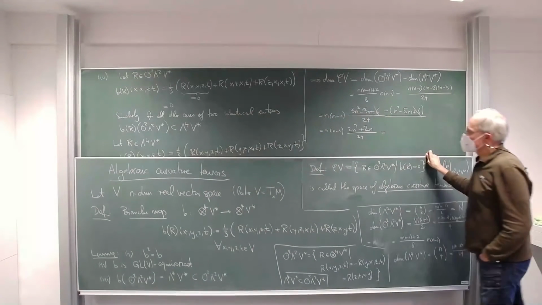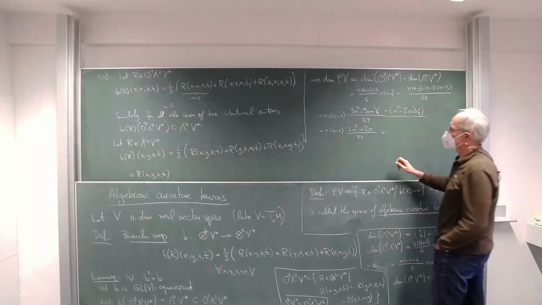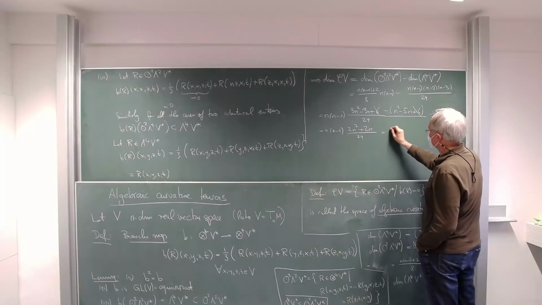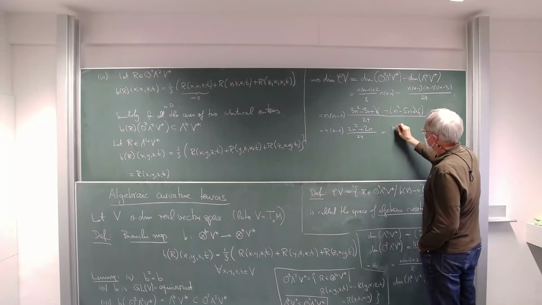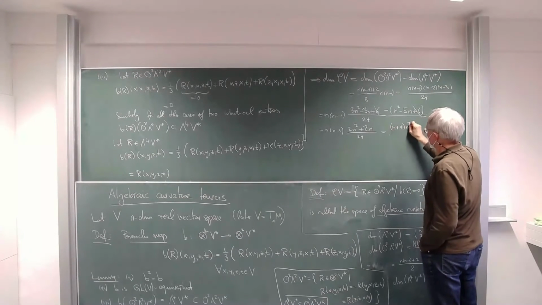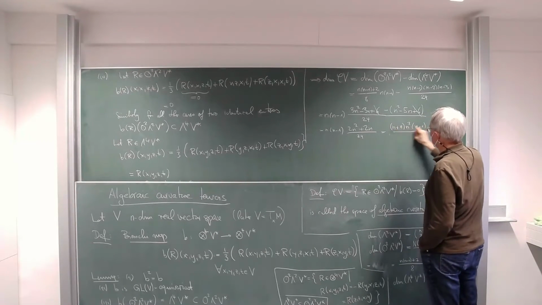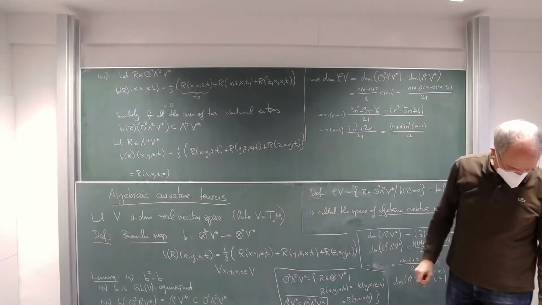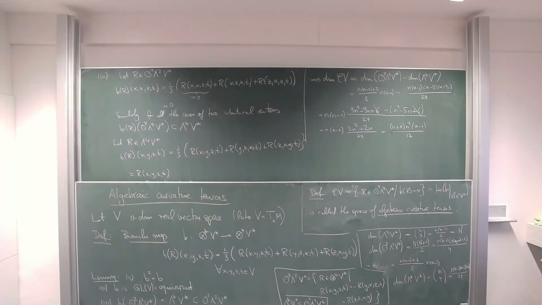So we can cancel the 2, and we get n times n plus 1 here. So altogether we get n plus 1 times n squared times n minus 1, over 12. That's the formula. Okay? Good.